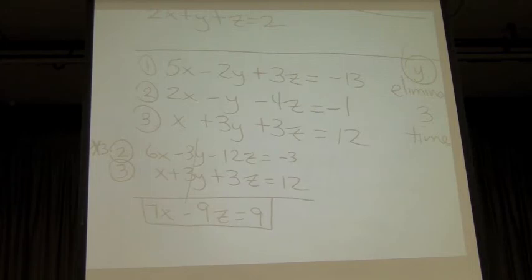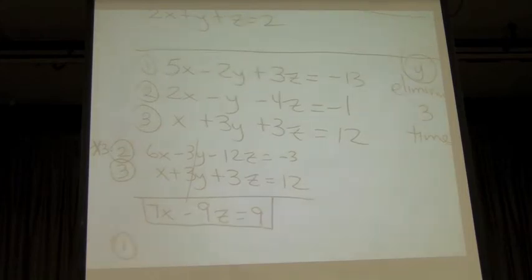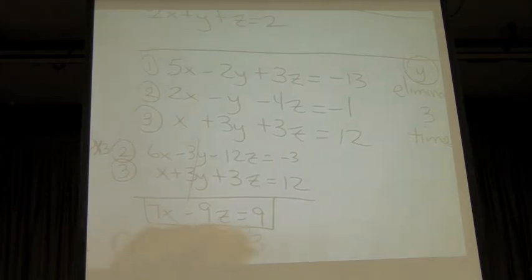Okay, at this point, what equation is feeling rather neglected? Number 1. We have to use number 1 now. We haven't used it yet. We have to use it. So let's write it down. 5x minus 2y plus 3z equals negative 13. And what equation are we going to use with it?